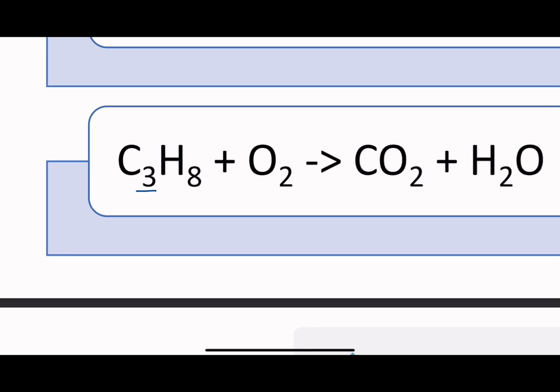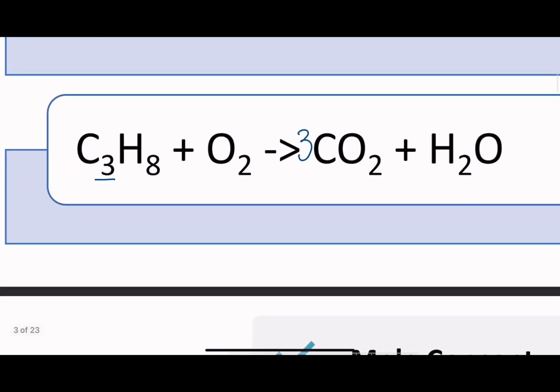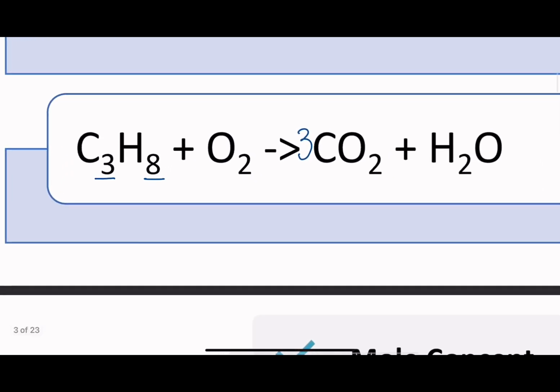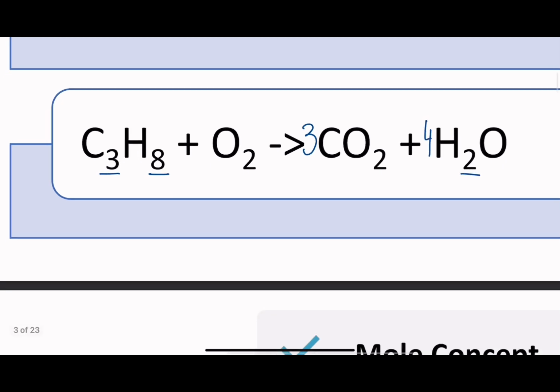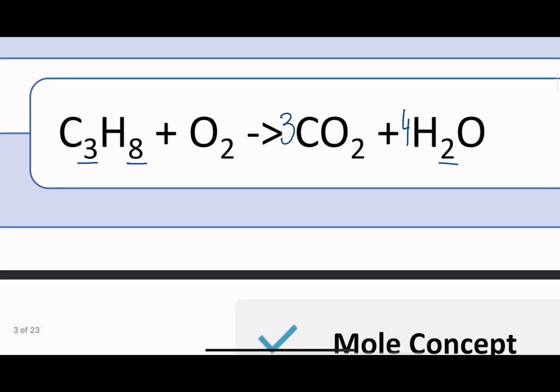So I got 3 carbons, right? So I put 3 in here, so I balance the carbons with left side and right side. I got 8 hydrogens on the left side. I got only 2, so I put 4 in here, and I balanced the hydrogens and carbon. The only thing I've left is oxygen.